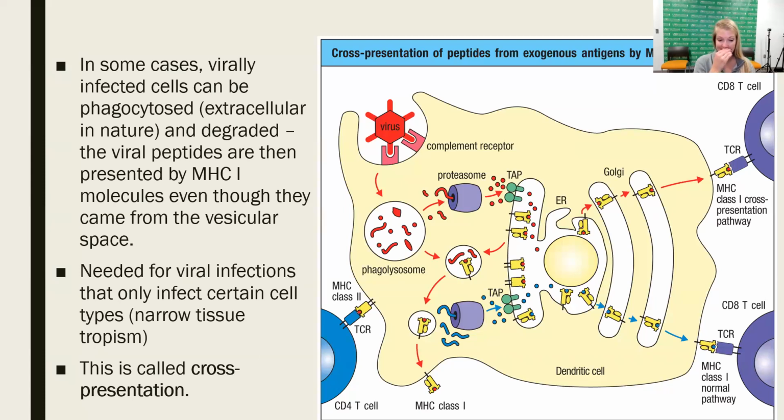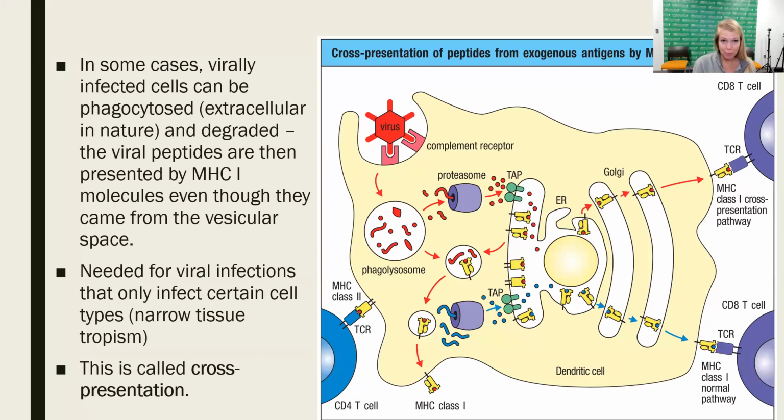The virus that initially was an intracellular pathogen gets taken up by phagocytosis and degraded in a phagolysosome. Because it was taken up this way, it looks to that antigen presenting cell like an extracellular pathogen. But the degraded viral proteins are still going to be loaded onto an MHC class 1 molecule, even though they came through the vesicular space.